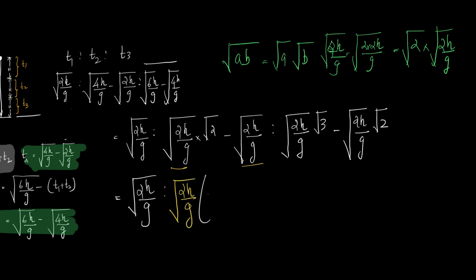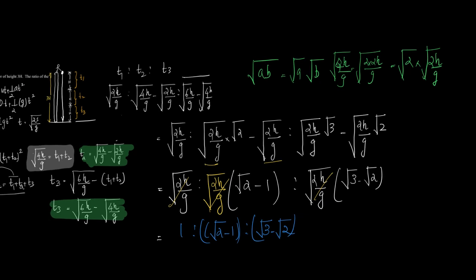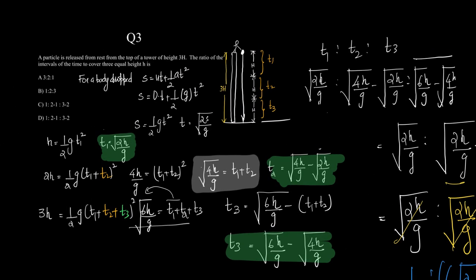What is left in the bracket is root 2 minus 1. Again I'll take root of 2h by g common. So what is left? Root 3 minus root 2. Now we can cancel off this root of 2h by g from every term. So what we get finally is 1 is to root 2 minus 1 is to root 3 minus root 2, and that gives the final answer to be option D.